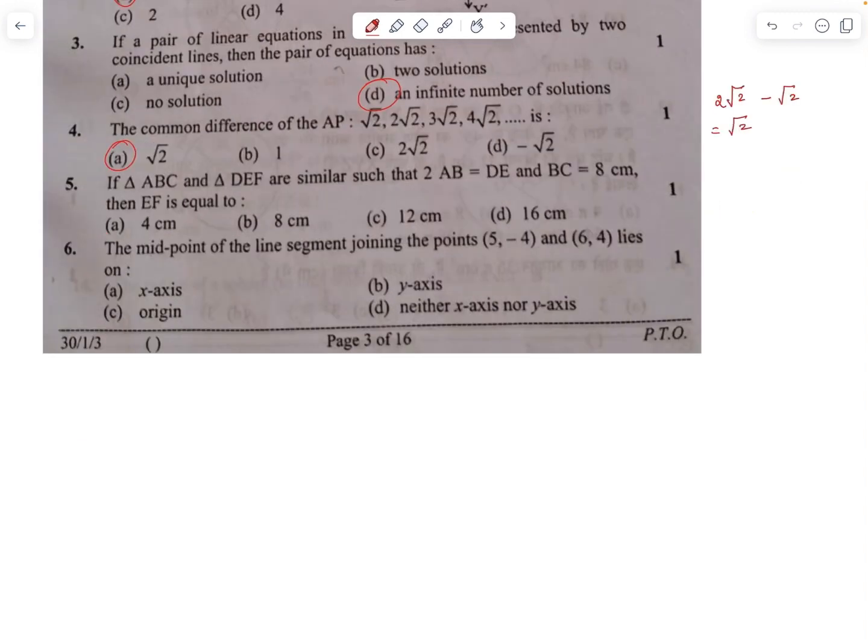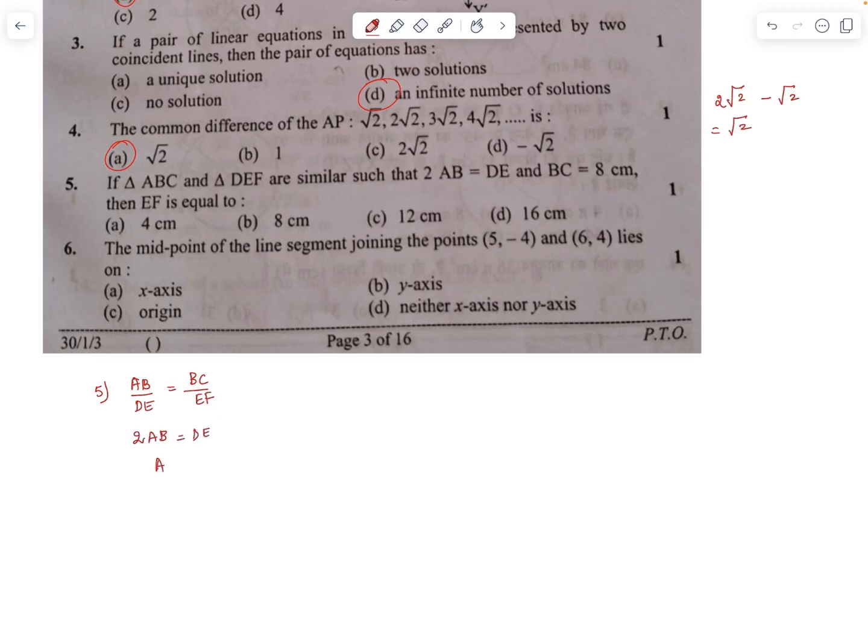If triangle ABC and DEF are similar such that 2AB equal to DE and BC equal to 8 centimeter, then EF is equal to. Since the two triangles are similar, the ratio of the corresponding sides are proportional. That is, AB upon DE should be equal to BC upon EF. It's also given that 2AB is equal to DE.